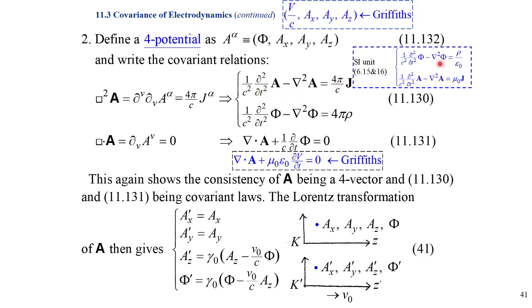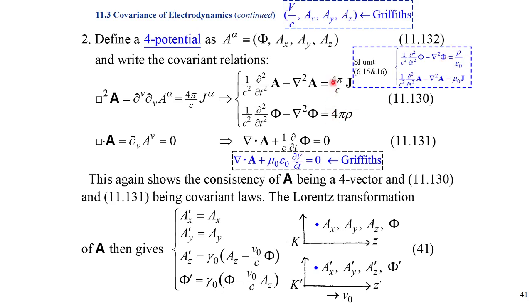What's the difference from SI units? The left-hand side is exactly the same. However, on the right-hand side we should be careful, because we have a coefficient. Here we have 4 pi over c, while in SI we have mu 0 J, and for the scalar potential we have 4 pi, while in SI we have 1 over epsilon 0.